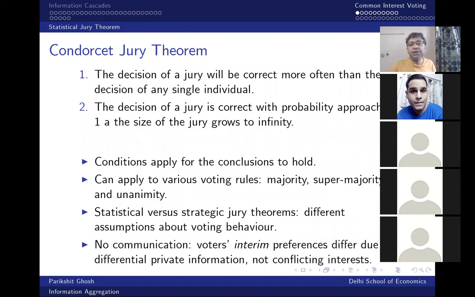The second conclusion is an asymptotic result. It says not only is a jury wiser than a judge, a larger decision-making body will be better than a smaller one. The probability that the jury is correct will approach 1 as the size of the jury grows to infinity. So very, very large juries are almost always correct.